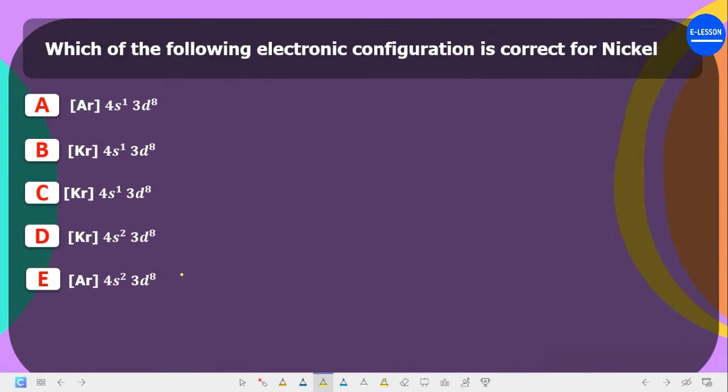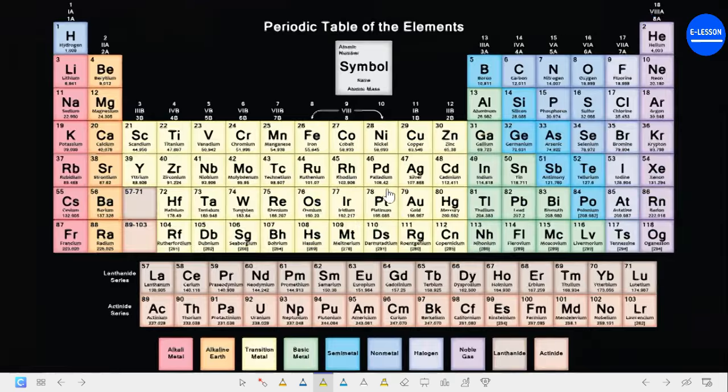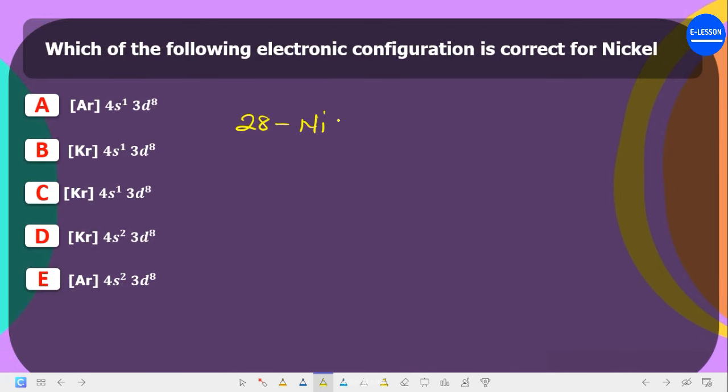Let's take the next. Which of the following electronic configurations is correct for nickel? Nickel has atomic number 28 in the periodic table. If you come here and look for nickel, this is nickel. It has atomic number 28, which means nickel will also have 28 electrons.